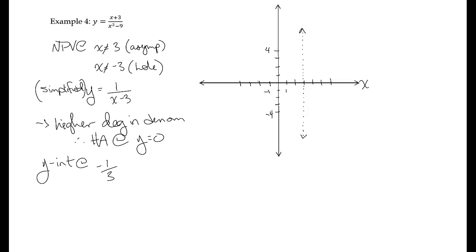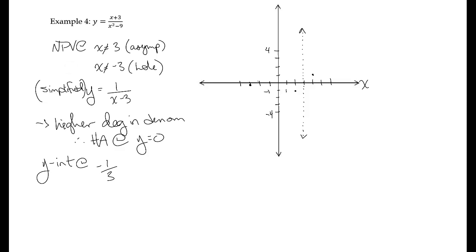So now it's just a matter of figuring out where all these things are. Because of my hole here, I could plug negative 3 in, and I see that it becomes 1 over negative 6. So it's going to be a pretty tiny little thing. So that's happening at x equals negative 3. That's going to be way close to the axis there. Our typical invariant points are 1 and negative 1 from my axis. So that gives me kind of everything I need.